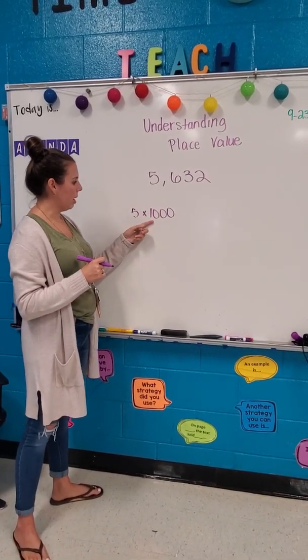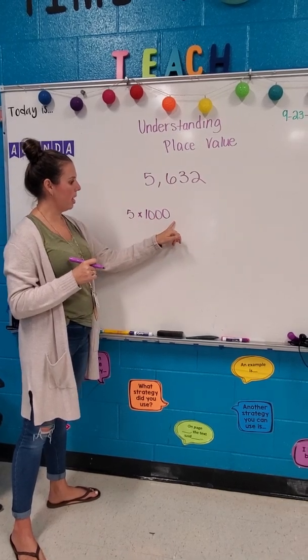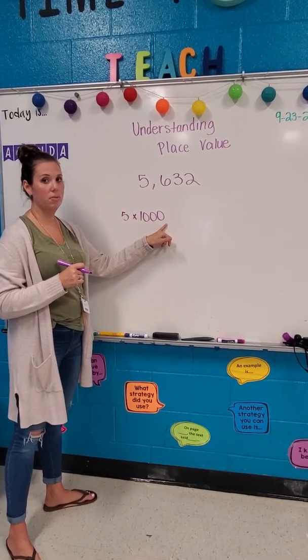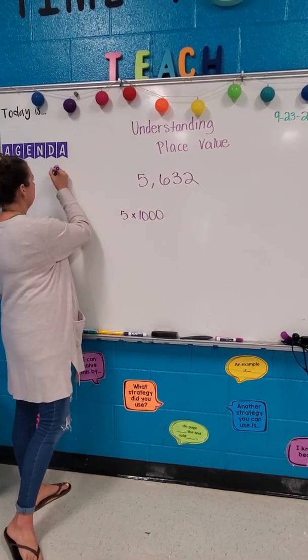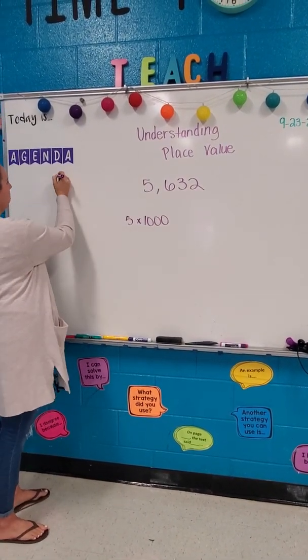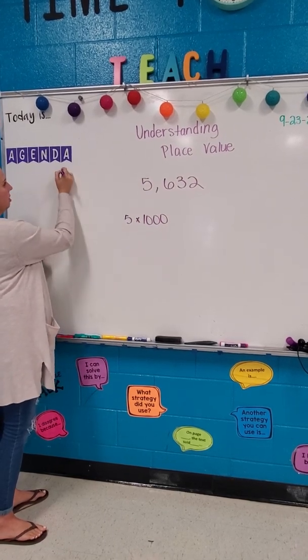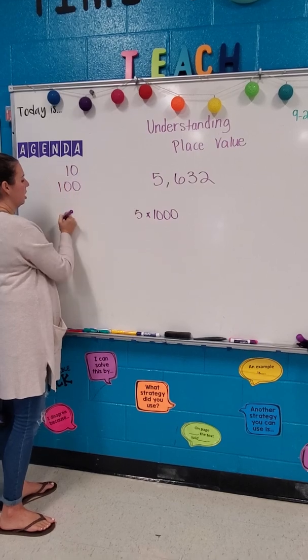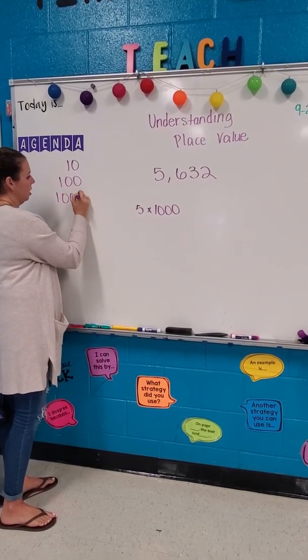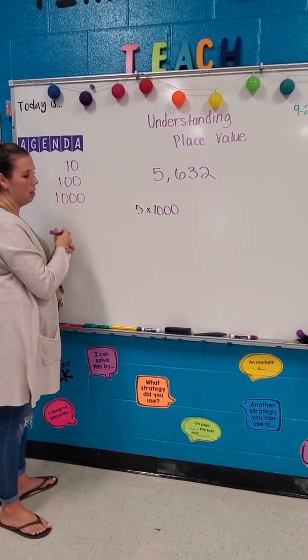So anytime that you are multiplying something by a multiple of 10, and what a multiple of 10 means is any number that has a 1 in the front and then zeros behind it. So 10, 100, 1,000. We could keep going on and on and on.